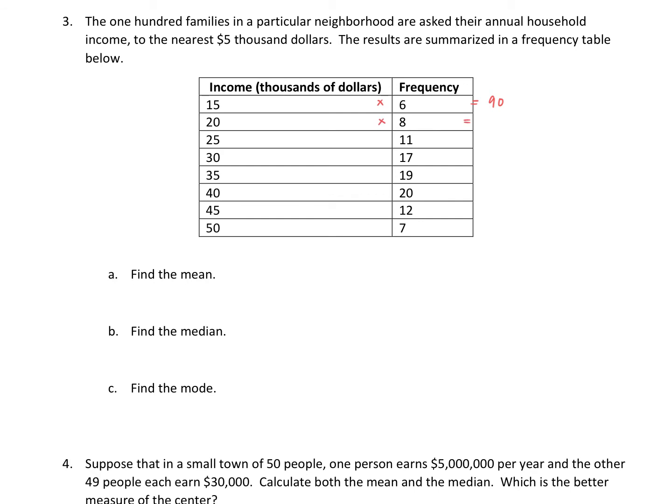So 20,000 appears 8 times. So if you multiply that, you'll get 160. 25 times 11, 275. 30 times 17 is 510. 35 times 19 is 665. 40 times 20 is 800. 45 times 12 is 540.